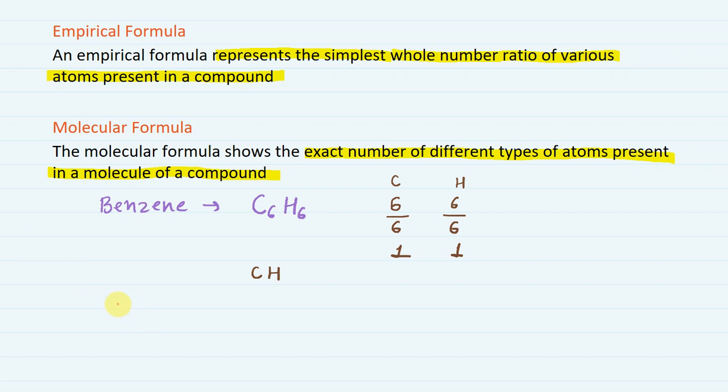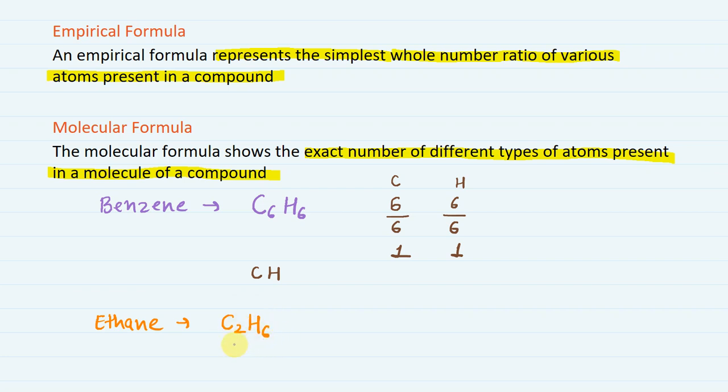If I'm taking another example, ethane, ethane is having the molecular formula C2H6. If I want the empirical formula of ethane, then I will find a number that can divide this 2 as well as this 6.